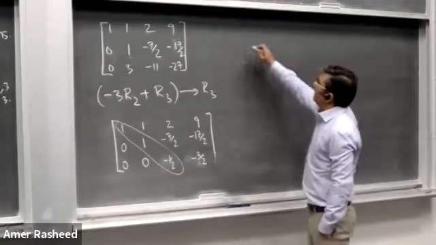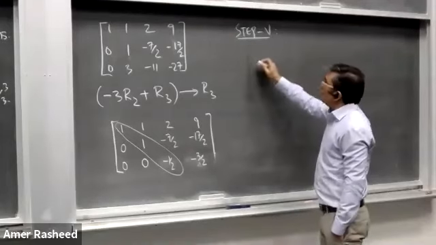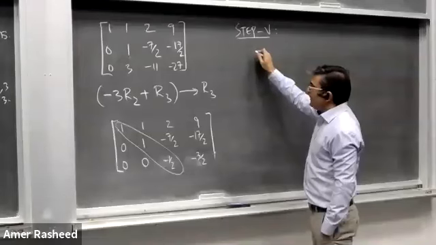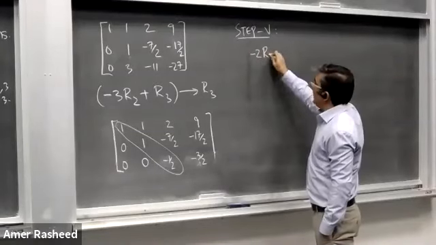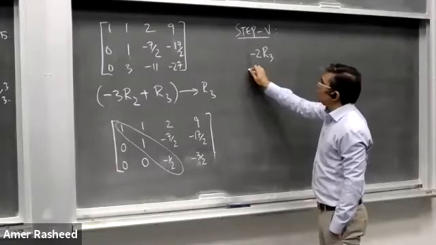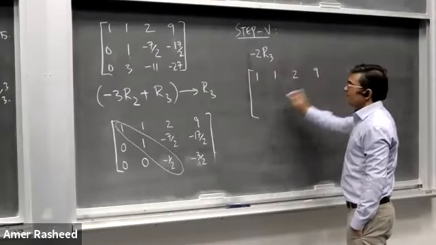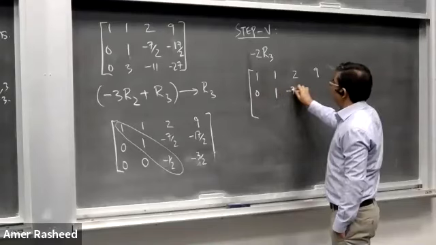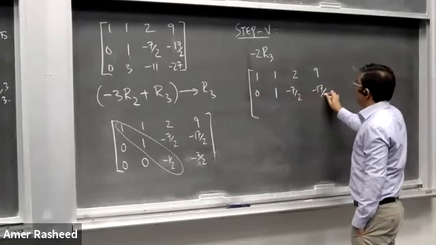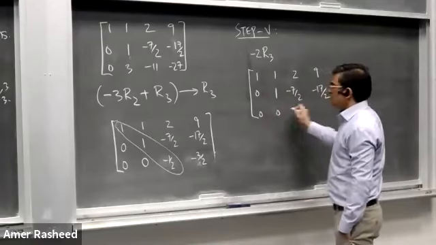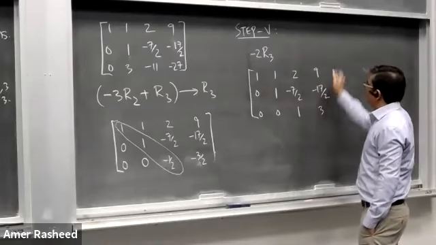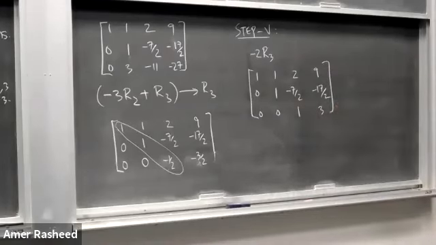How to make this thing 1? So what you do here, you just multiply -2 to R3. Okay? So what do you get here? 1, 1, 2, 9, 0, 1, -7 by 2, -17 by 2, and then 0, 0, 1, or 3. You get this? Yes, sir.